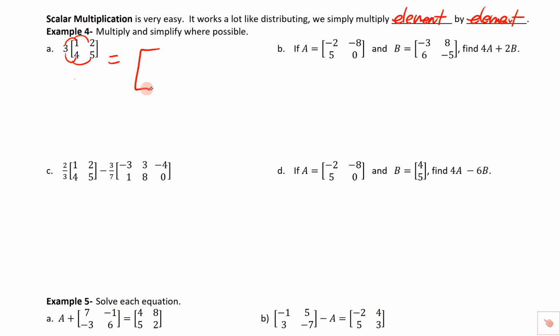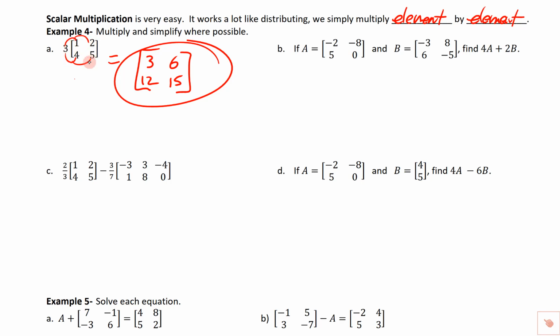So this is a 2 by 2. It doesn't change the dimensions at all. All it does is make each one of those 3 times bigger than it used to be. So 3 times 1 is 3, 3 times 2 is 6, 3 times 4 is 12, and 3 times 5 is 15. That's it. That's all we do. We take that scalar on the outside and we multiply each one of those elements. Element by element, we go through the matrix and we multiply there.